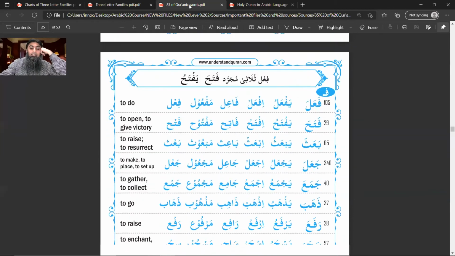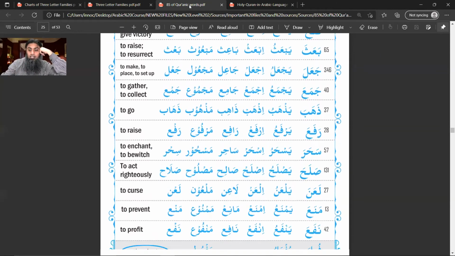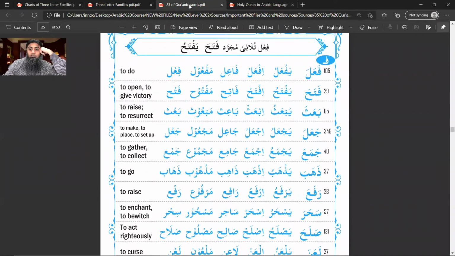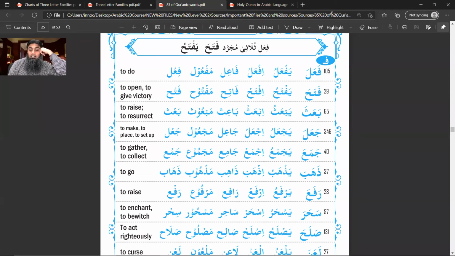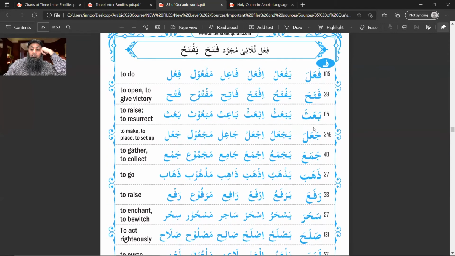From Fatah family, just target those 3 words which are more frequent. As you can see, Ja'ala will be 1, Salaha will be 2nd, and 3rd will be Fa'ala itself, because Fa'ala itself comes in the Quran. So first one is Ja'ala, second one is Salaha, third one is Fa'ala.